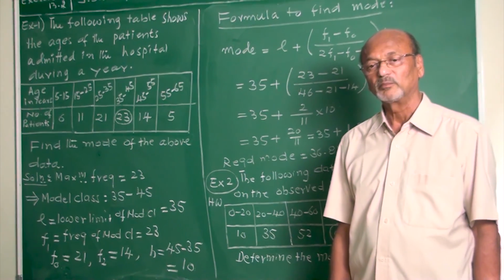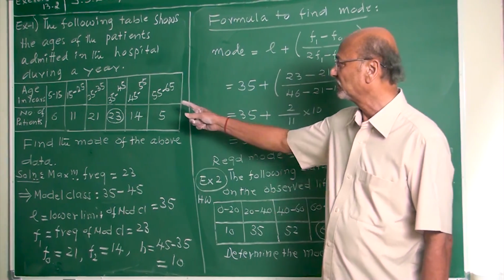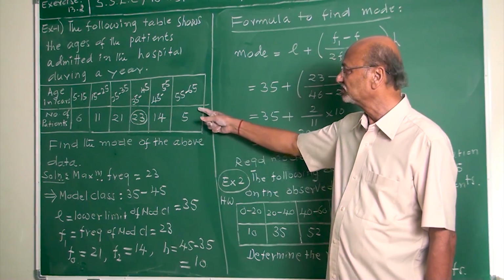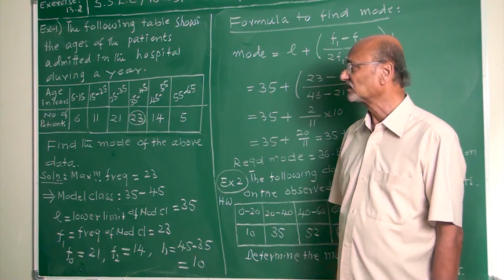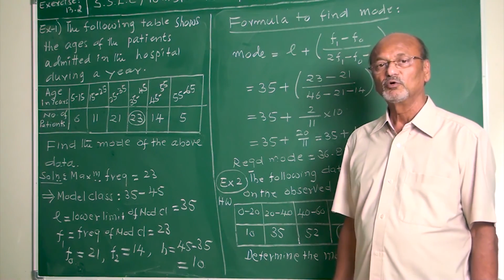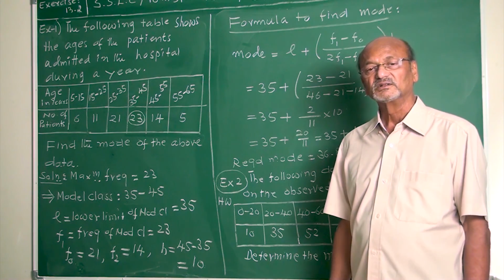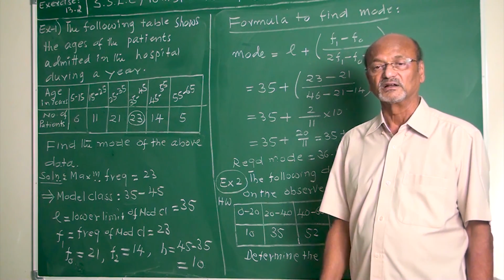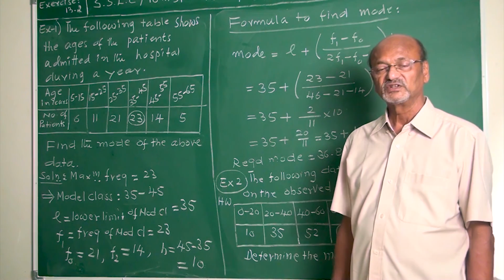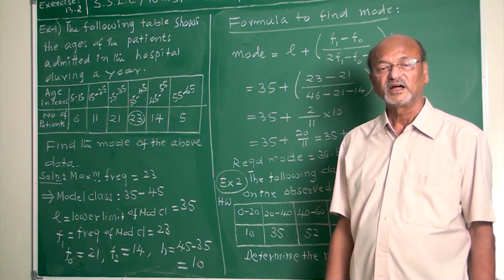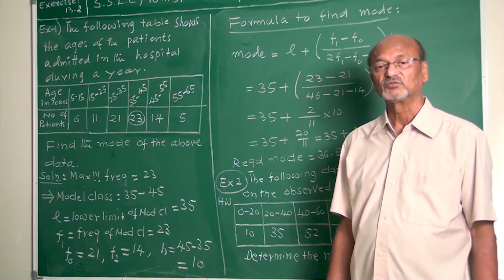I may even do one example for the same data, finding both mode and mean. We will see that in the next video class. After completion of mode, the last one is the median. I will give the two-line definition, then the formula, then how to find the median. That I will do in the next class, in the next video.